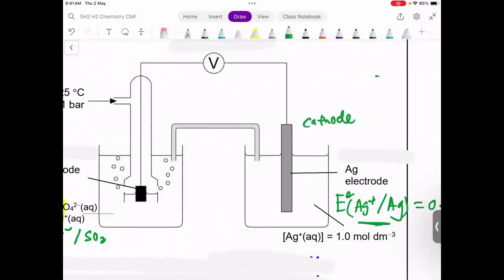So it will be a positive polarity, right? Cathode is the one that receives the electron, so therefore it must be positively charged in order to receive the incoming electron. So the electron flow will be in this direction. So this will be the source of electron, and this is the anode. Being the anode, it will be the negative polarity.